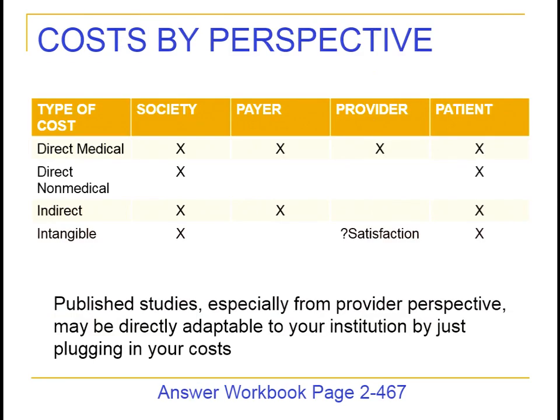Society is interested in all of the costs, even though they may not report the intangible costs at some point, as is the patient. The payer is interested in direct medical costs because that's what they're paying, and indirect costs because most of their customers are employers and they're interested in the productivity. The provider is only interested in direct medical costs, possibly in the intangible of satisfaction.